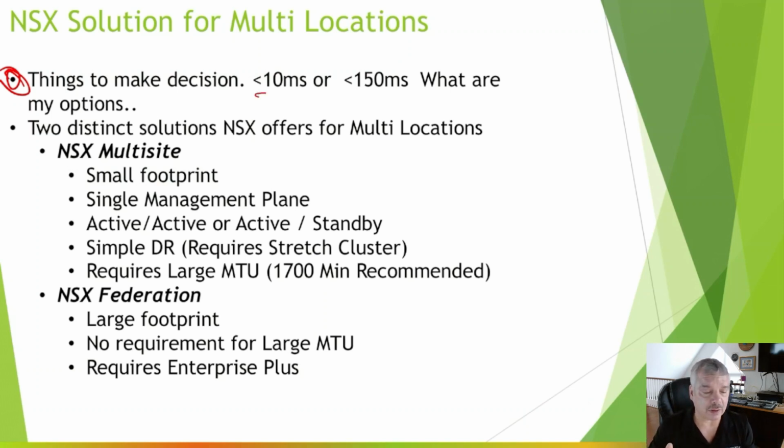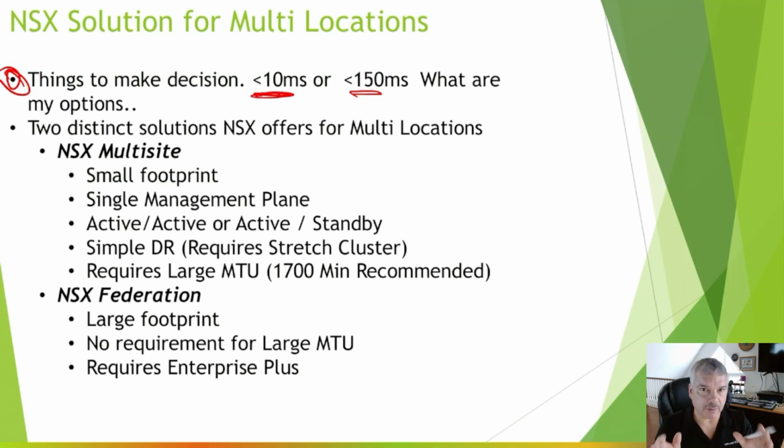The big thing that's going to decide certain things is the latency between your sites or racks or whatever. Is it less than 10 milliseconds, or is it all the way up to 150 milliseconds? If you've got a fairly large distance, these are the things that are going to decide what solution I'm going to use, or how I'm going to architect this.